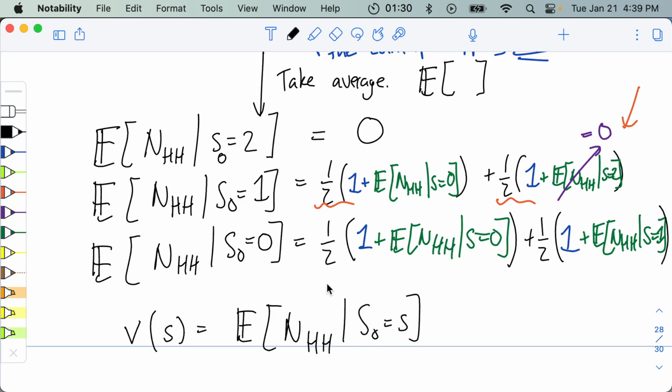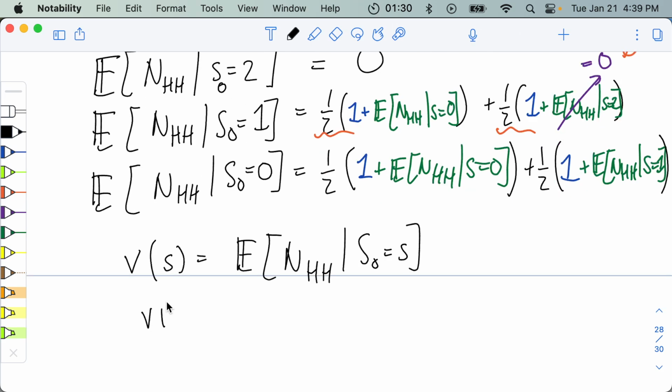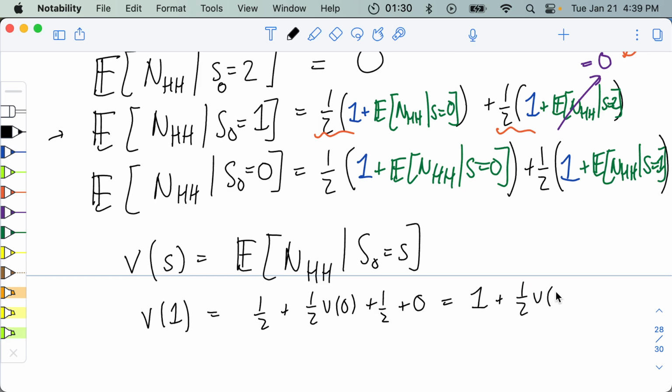And what do our two equations say in terms of V? They say V of 1, that's this line, is equal to a half plus a half V of 0 plus a half plus 0, which is 1 plus a half V of 0. That's that equation simplified with ordinary algebra. The last line over here says something about V of 0.